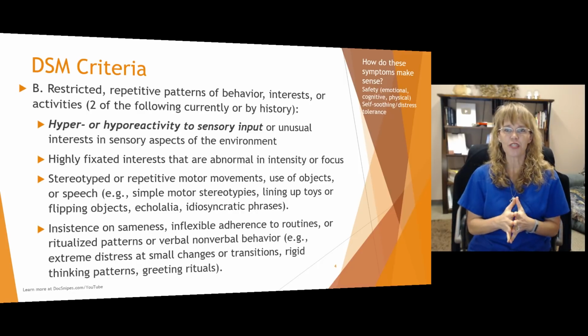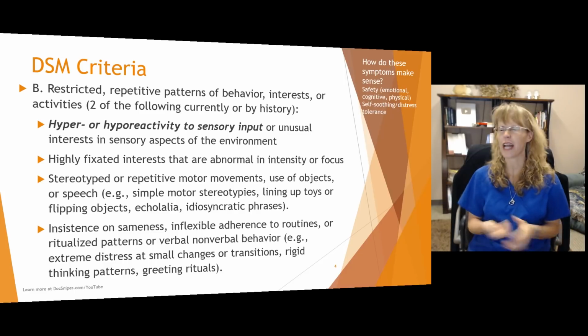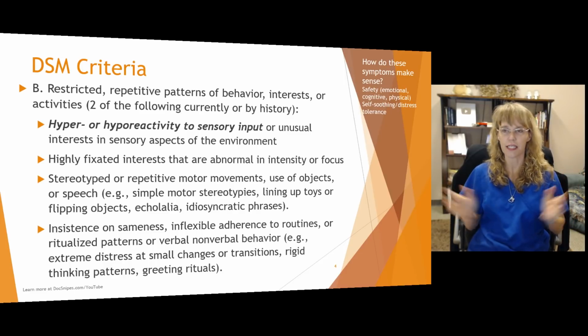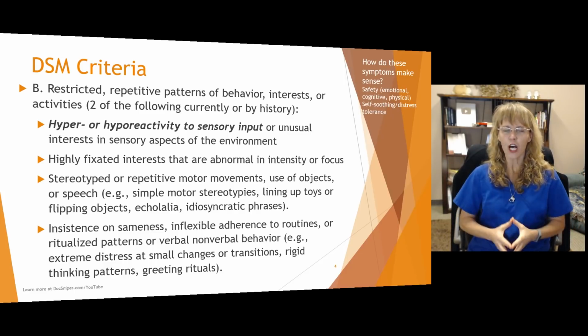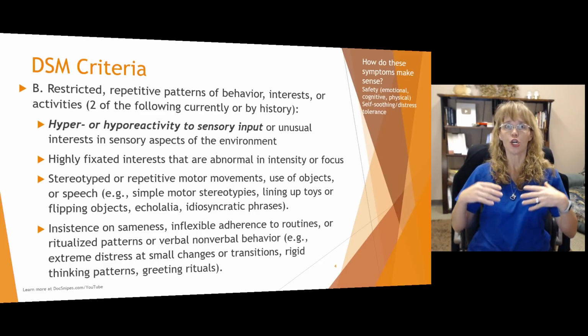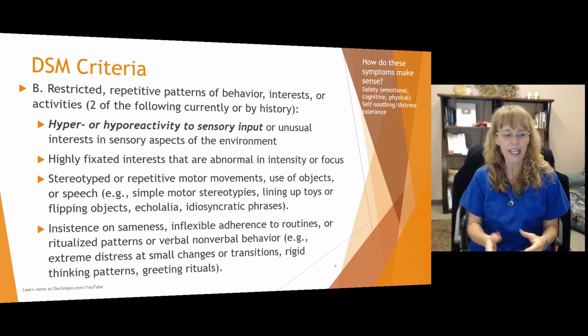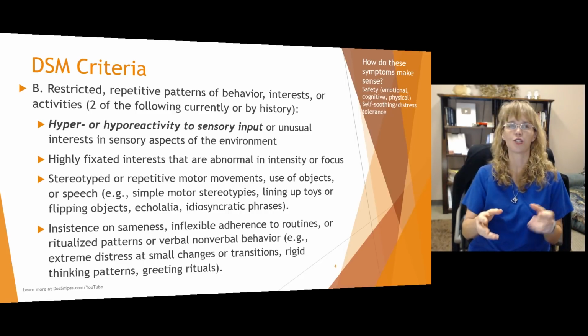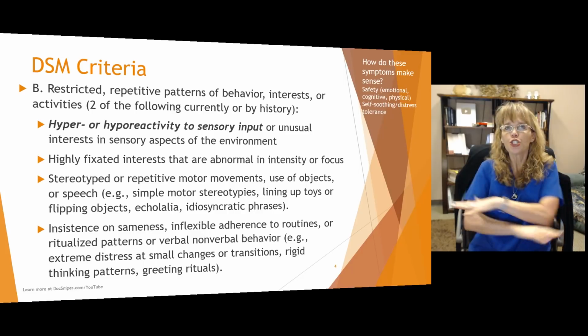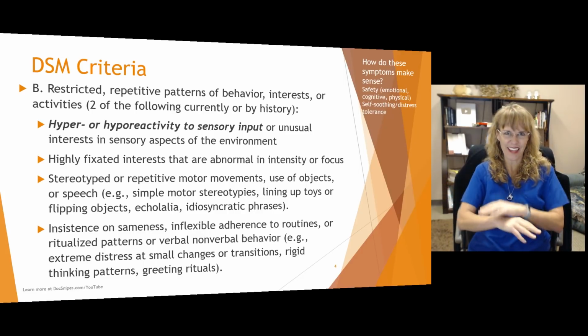Highly fixated interests that are abnormal in intensity or focus, and I hate that word abnormal, but that's what the DSM calls it. So somebody who is super duper interested in trains or dinosaurs or something else to the exclusion of other things.